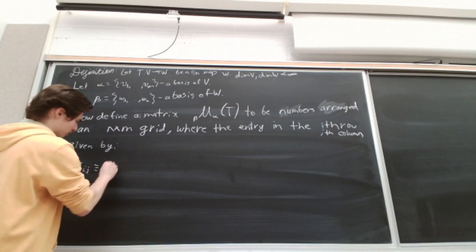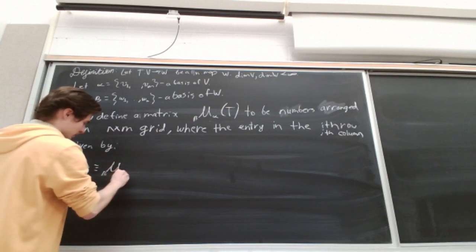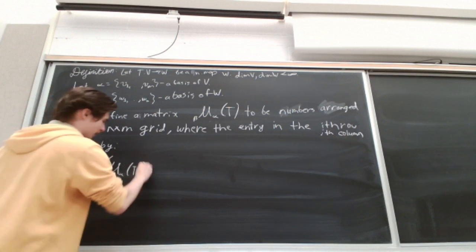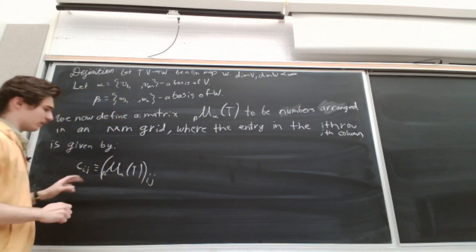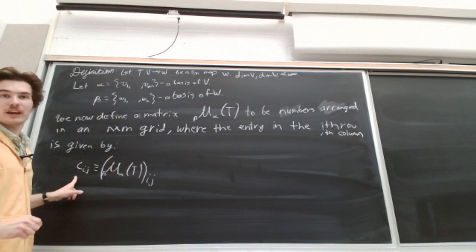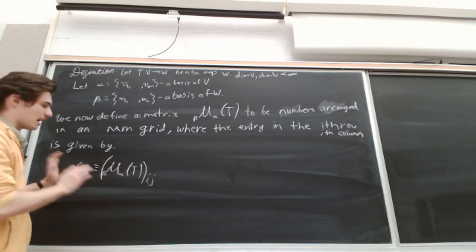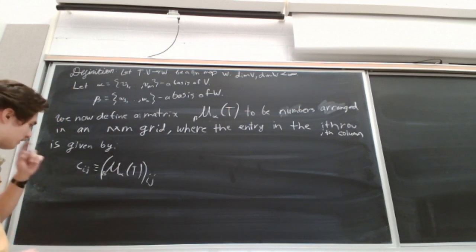I will define this to be the ijth entry of the matrix. So instead of having to write this, I just write Cij. I'm just introducing a new notation. I'm very lazy. I don't want to write this each time.